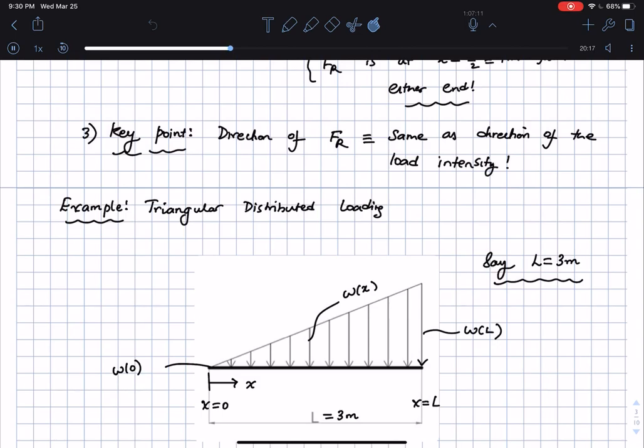That is, if the load intensity is pointing down, then FR is going to be pointing down. If the load intensity is pointing up, FR is going to be pointing up.